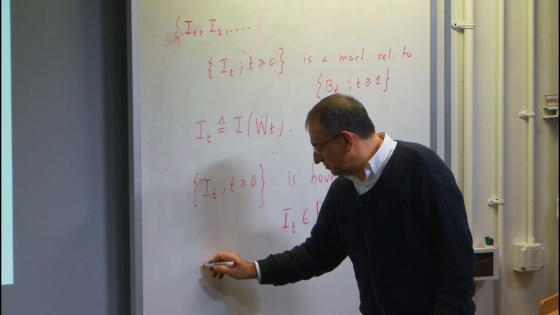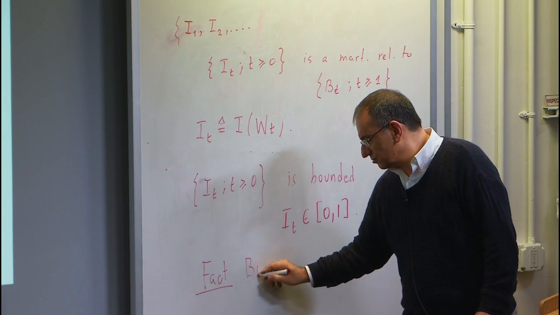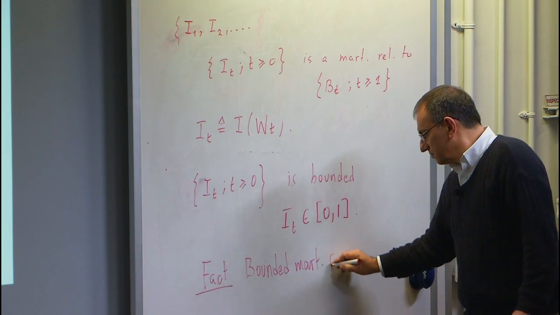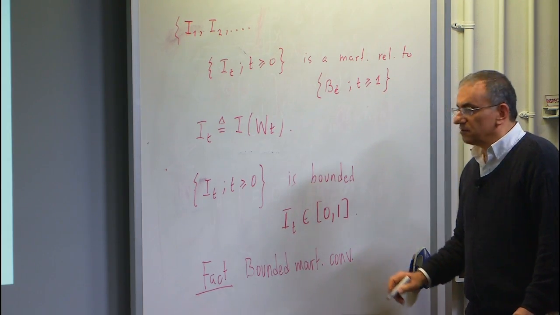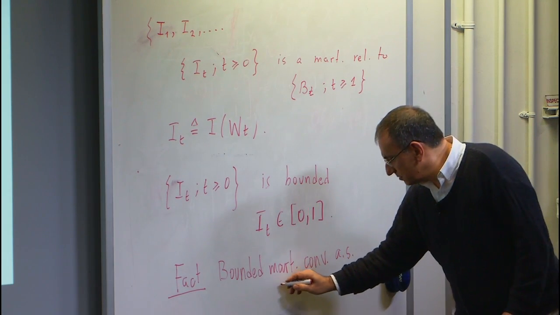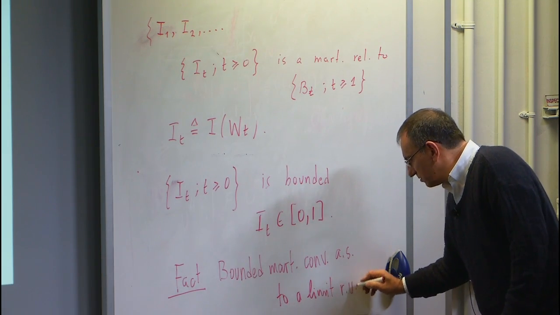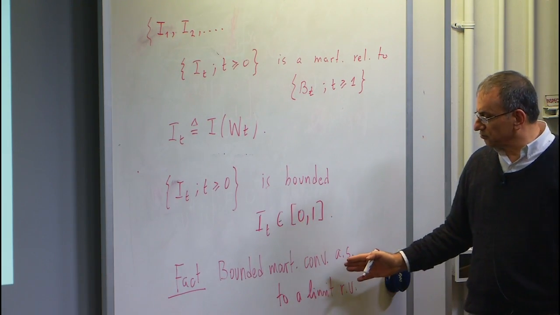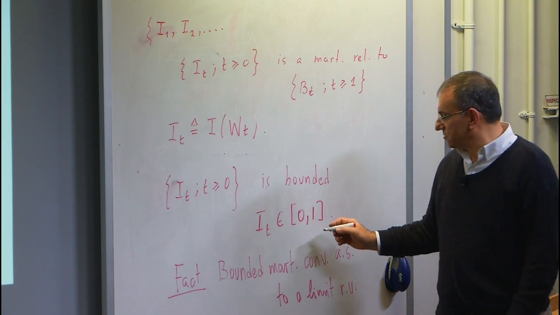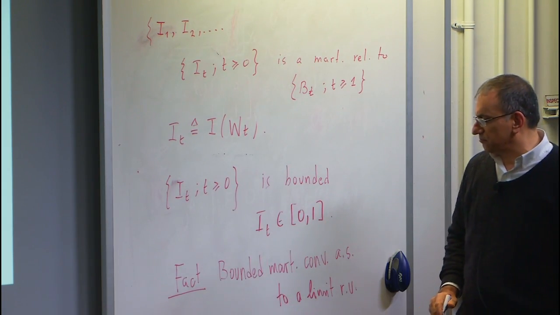So let's take this as a fact. Bounded martingales converge. They converge almost surely to a limiting random variable, a limit random variable. Not only that, they will also converge in L1, which is important. So let's call the limit random variable here, in our example, I sub infinity.